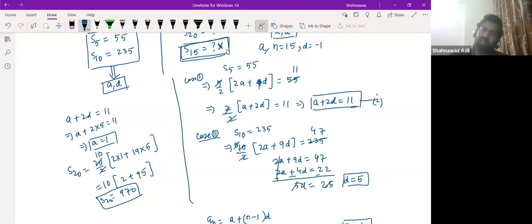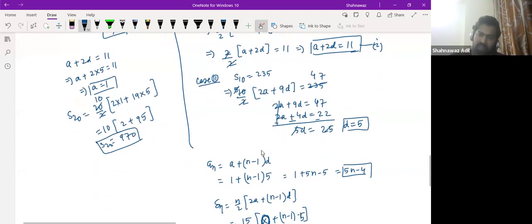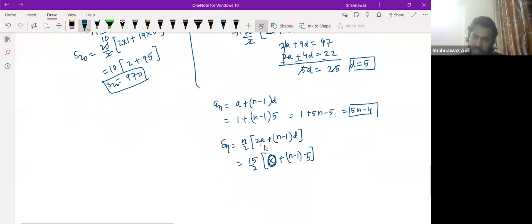These two things we require, but we don't have any information about the last term or the sum of the last terms. This is not solved, right?